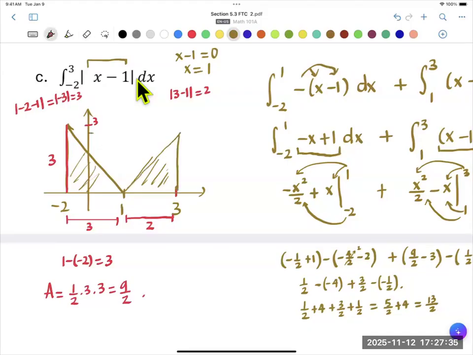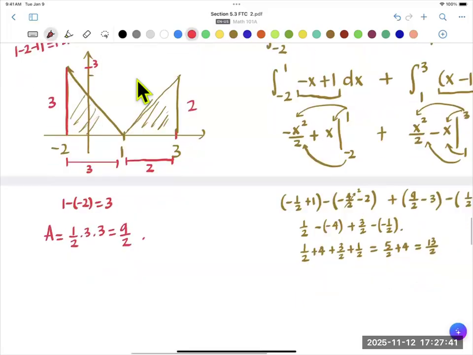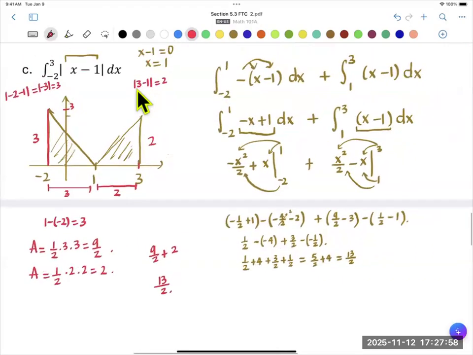So the area on the right side is 1/2 times 2 times 2, which is 2. So 9 over 2 plus 2 is 13 over 2. Okay, so it's the same thing. This is your geometry, and this is your definite integral.